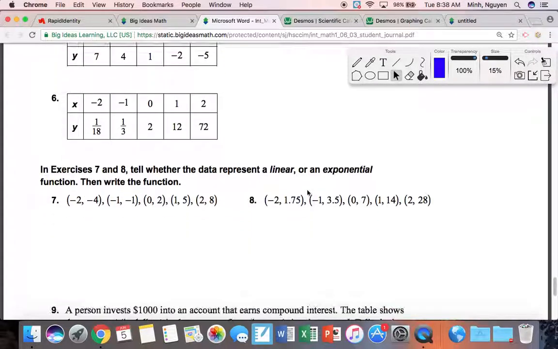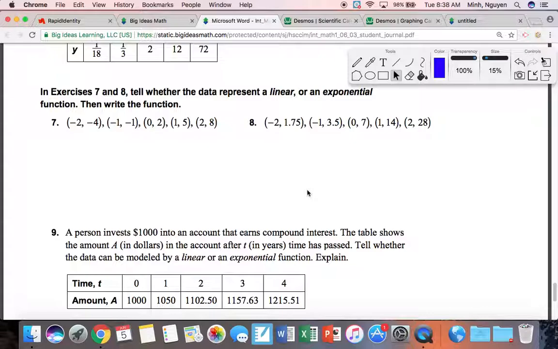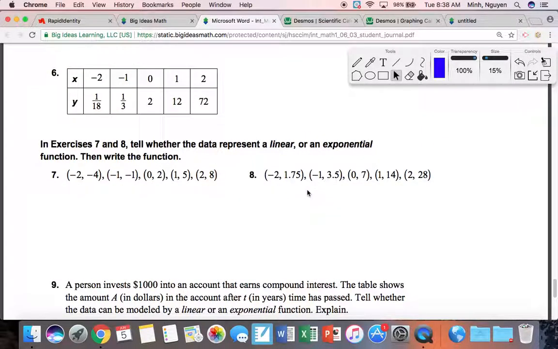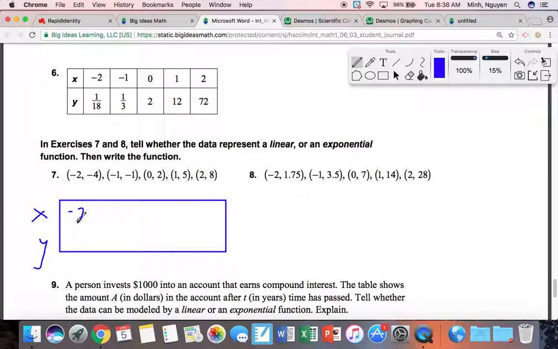Okay, the data represents a linear or an exponential function, then write the function. So again, if it makes a lot more sense, I would make a little table like this, go x and y. So this is x and y. And we're supposed to go in ascending order.